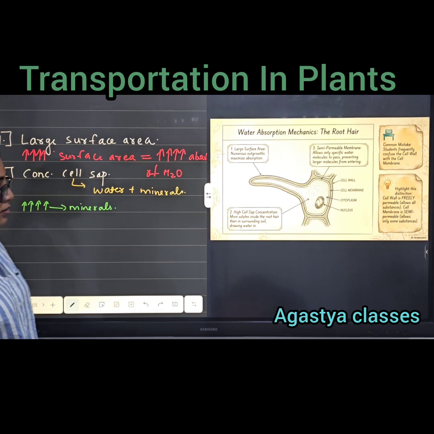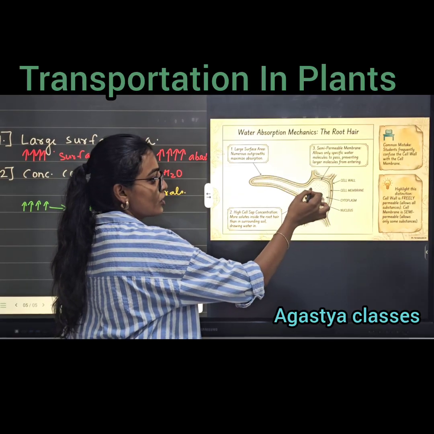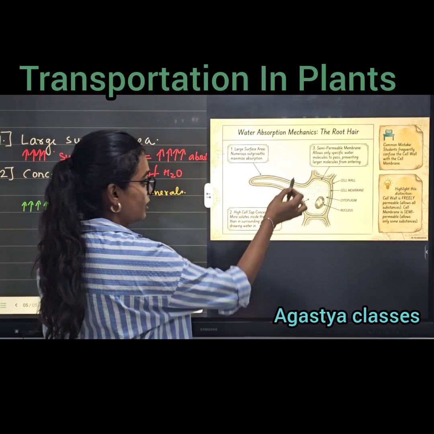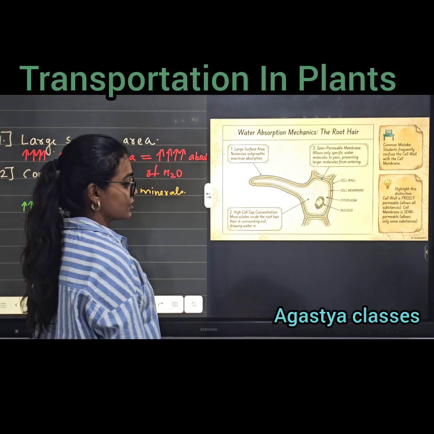Because of this, in the cell sap, the concentration of mineral is high and concentration of water is less. On the other hand, in the soil, the concentration of water is more as compared to minerals.